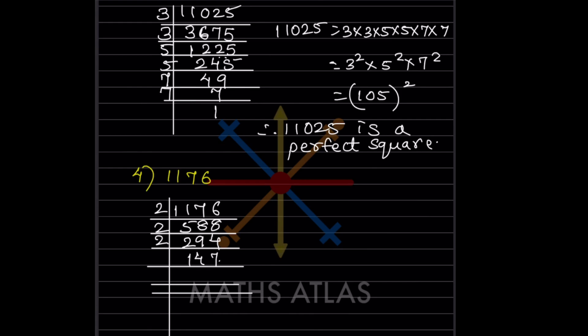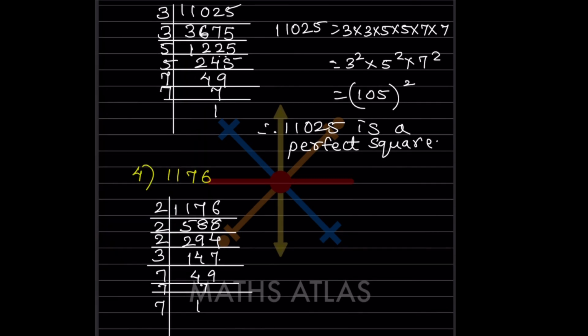Now this is 7 at the last, that units place, so it will go with 3. And this will go with 7. Sorry, this will be 7 over here. So now 1176, the factors are 2 into 2 into 2 into 3 into 7 into 7.